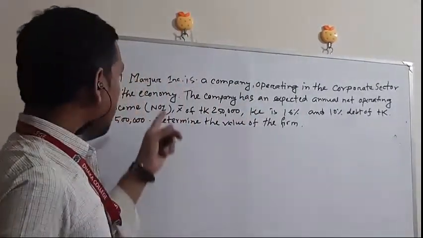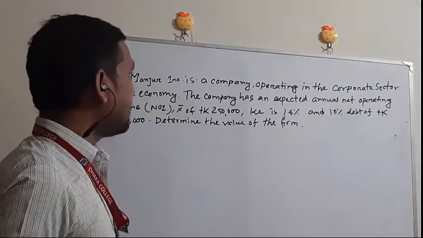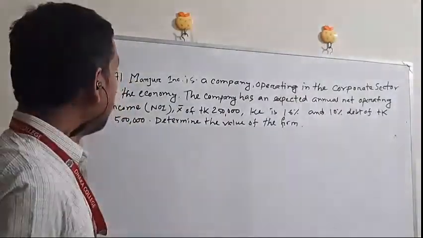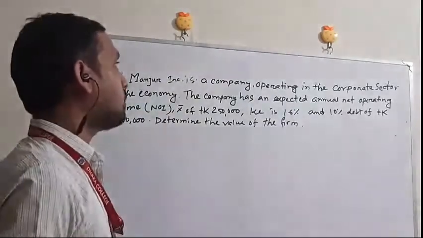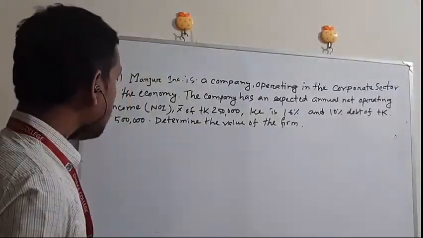Here is the question written on the whiteboard. Al Monjour Incorporation is a company operating in the corporate sector of the economy.